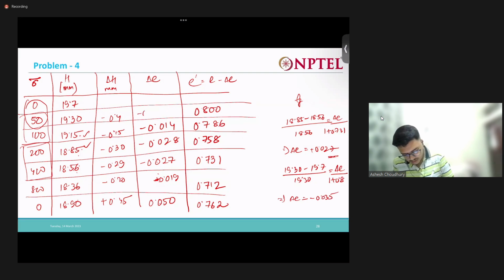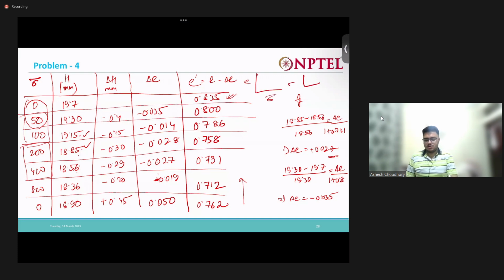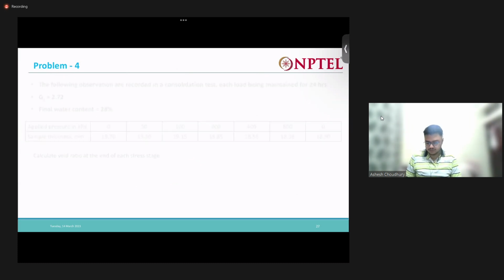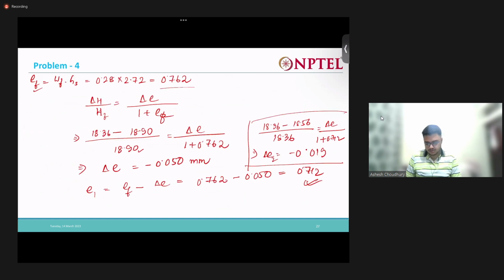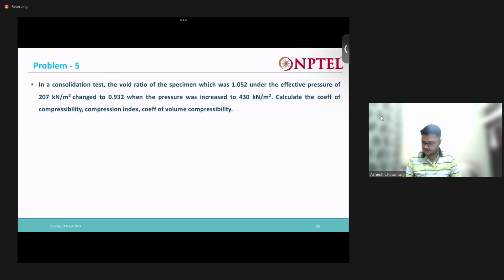Okay, so 0.8 plus 0.035, 0.835. Okay, so we completed our table. Again, we started from the bottom and gradually went to the top. So finally we got the void ratios for each of these stress increments. So we can now plot the e versus log p graph. Okay, I hope this was clear.